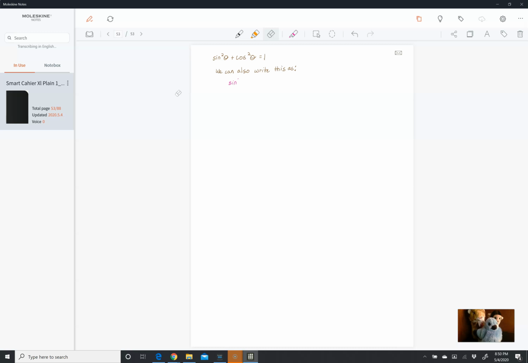We could solve for sine squared. So this is also a Pythagorean identity. And we could solve it for cosine squared theta instead. Okay, so just be aware that all three of these are the same identity.